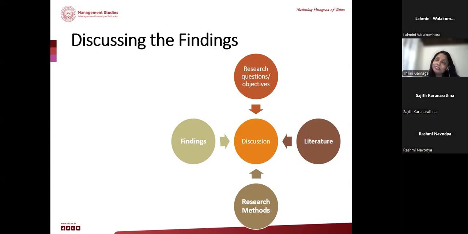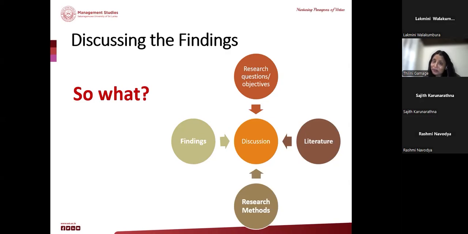They have their research questions, research objectives, and they have completed the literature review to a significant extent, and the research methods, and then they have findings. Most people find it difficult how to discuss the findings, what to do, how to start it. Do we need to refer to the literature or the research methods that we have used? How should we align our findings with research questions? I have seen most of the time the students struggle a lot.